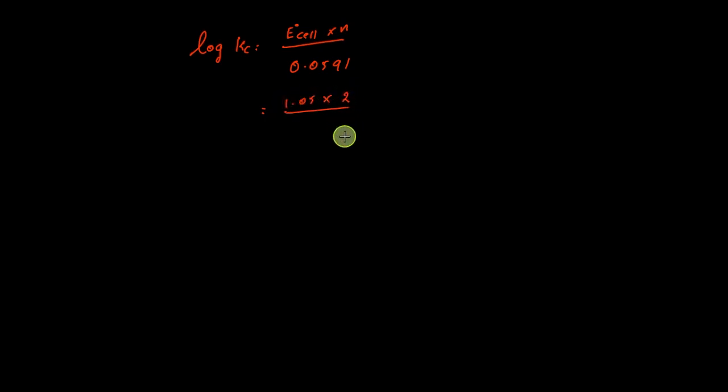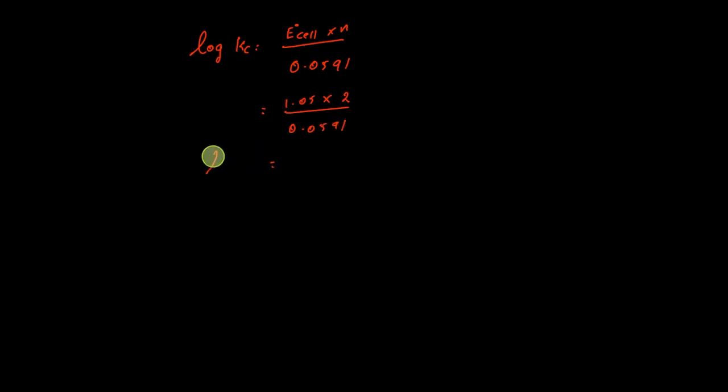Log Kc is equal to E naught cell into n divided by 0.0591. The E naught value I found is 1.05. The number of electrons involved here is 2, and then 0.0591.